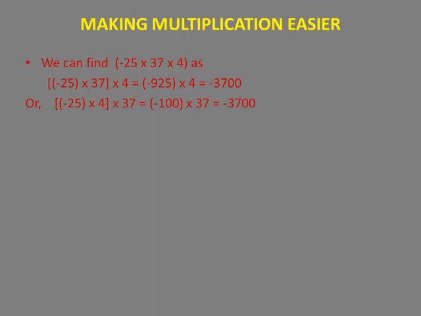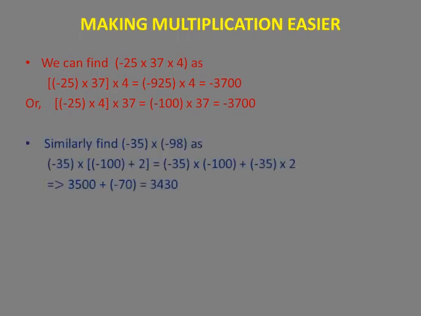Now see the second example. We have to find the product of minus 35 and minus 98. You can simply multiply it, but it will take time, and secondly, the chances of error are also maximum in that.